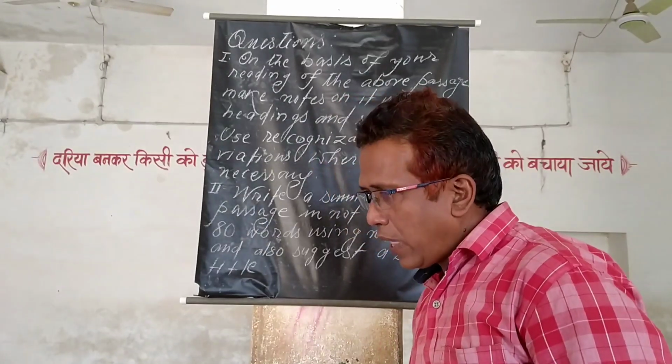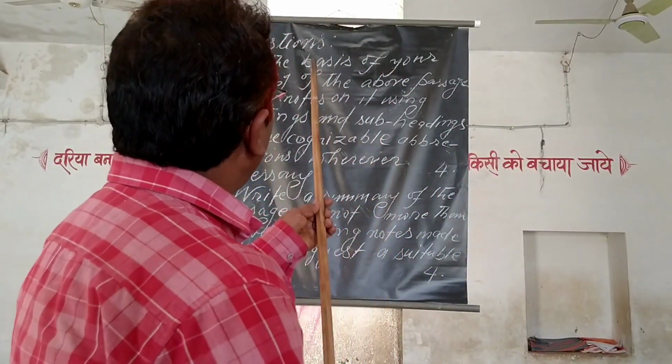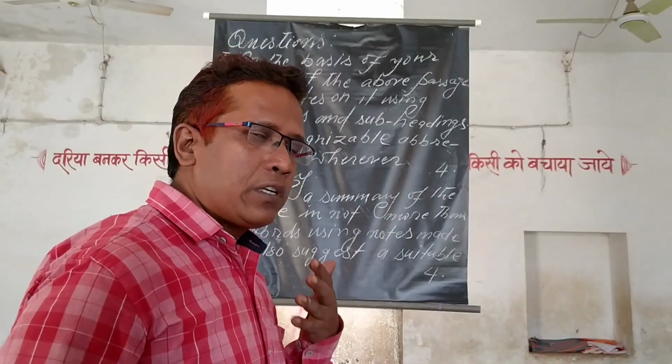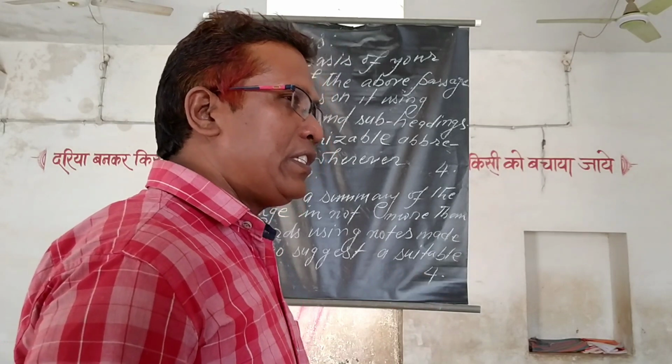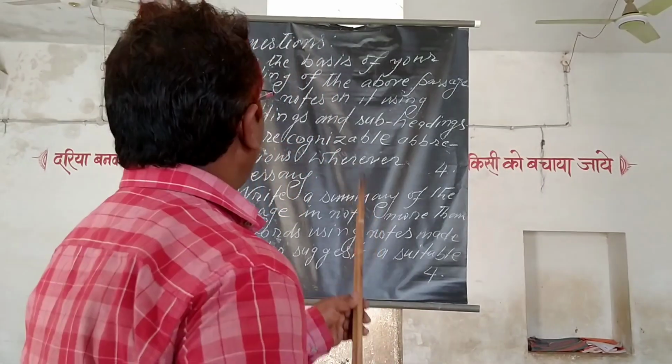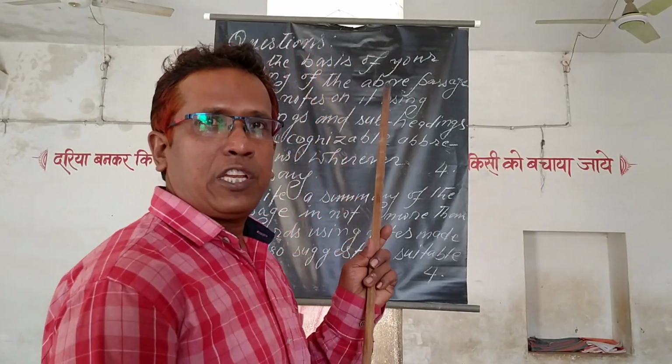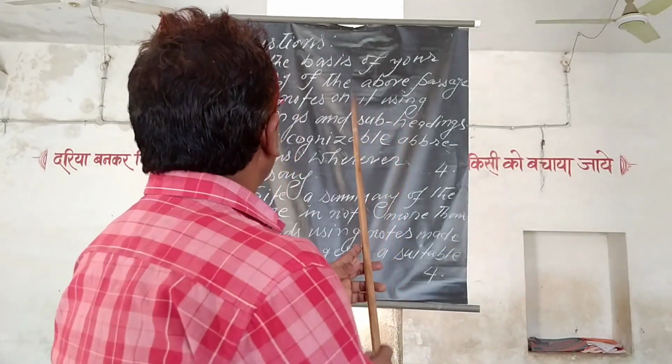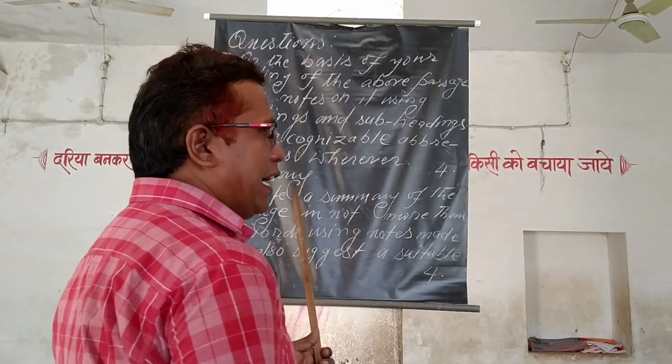By the way, first of all, we should try to understand the pattern of questions. We should try to understand what is there in the question. So, after going through the question, we can see that the question has been divided into two parts.